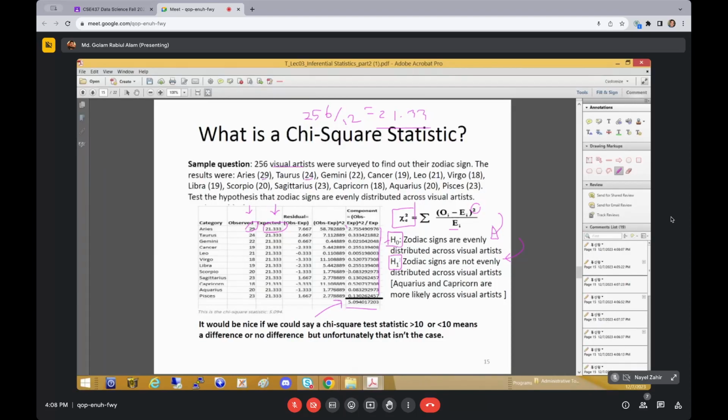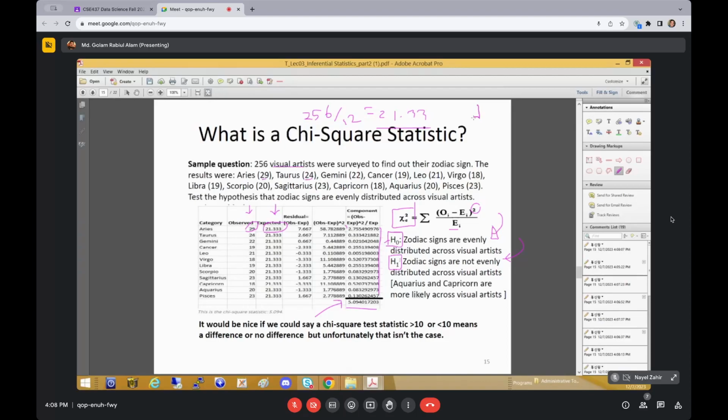Based on this chi-square statistic, we have to find the chi-square tabular value, or chi-square critical value. For the tabular value, we need to know the degrees of freedom. In this case, degrees of freedom relate to the categories; there are 12 categories.